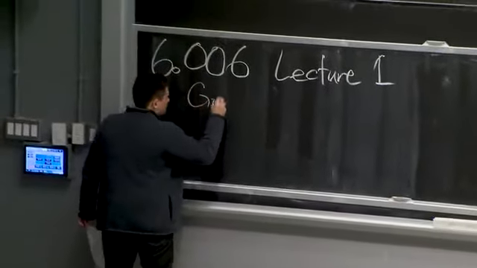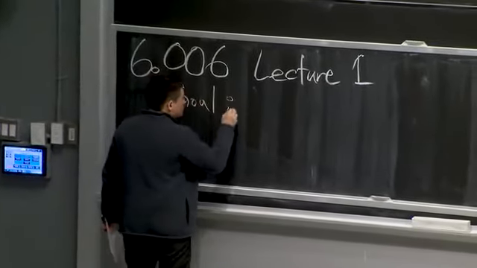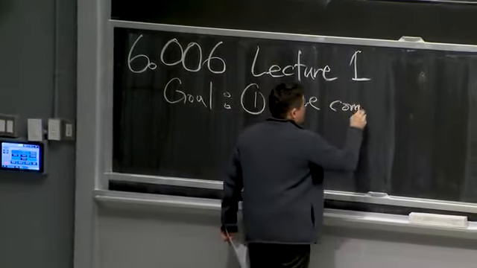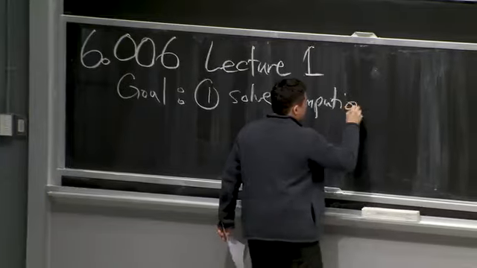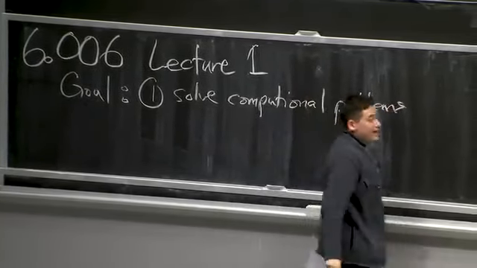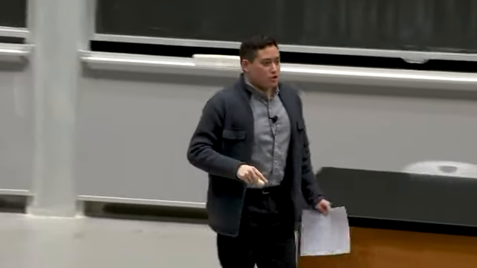So the goal: one, solve computational problems. But it's more than that. It's also about communicating those solutions to others and being able to communicate that your way of solving the problem is correct and efficient. Okay?